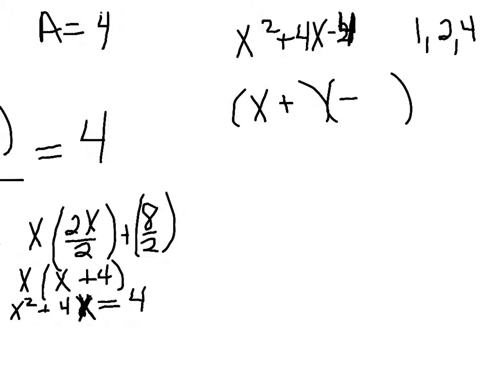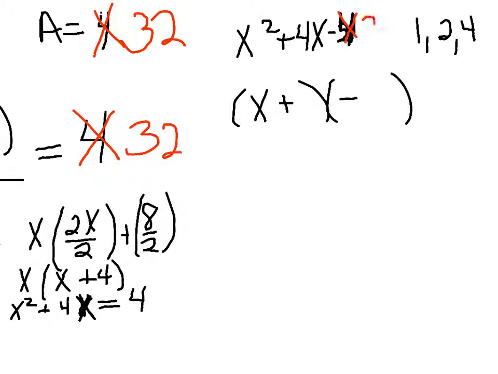So I've just looked at the problem again and I have written the problem down wrong. So let's go back and correct my mistake. So the area should be 32. So this would be minus 32 here, which changes all this.